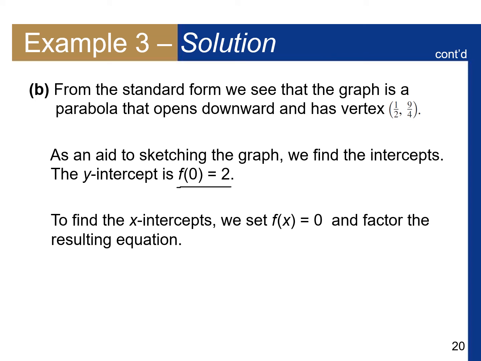And we can find the x-intercept since we know it's going to be above the x-axis and going down. It will hit the x-intercept. So let's see where it does that. And we can do that by setting the f of x value now equal to 0 and then factoring. So I set it equal to 0, multiply everything by -1 to get the negative out of the front.